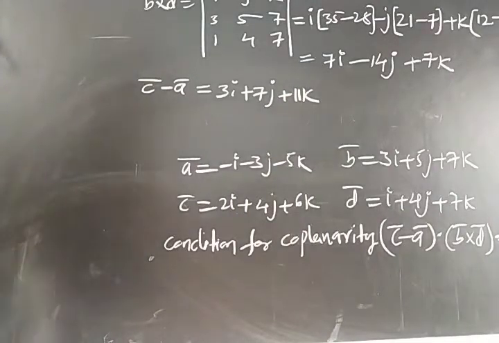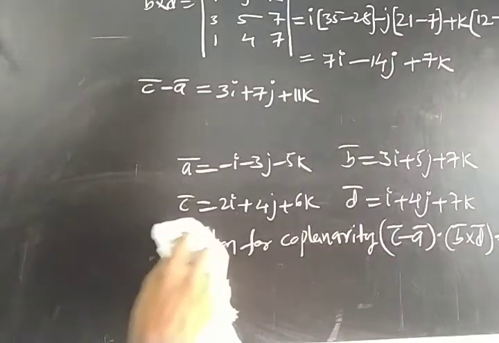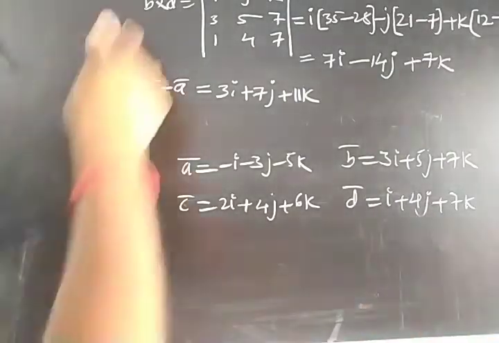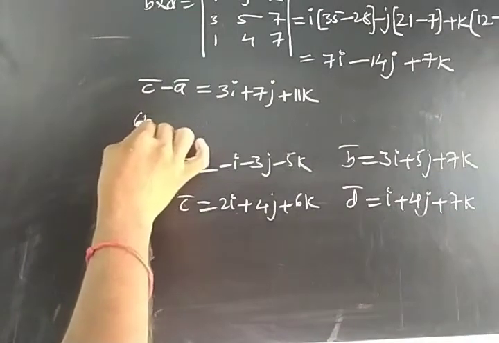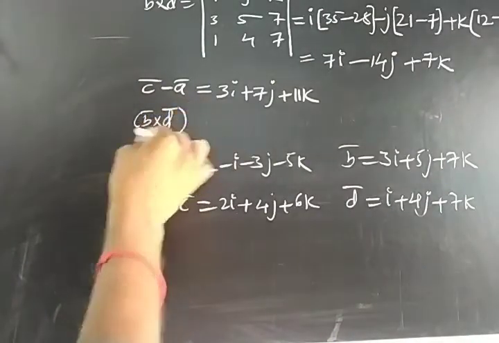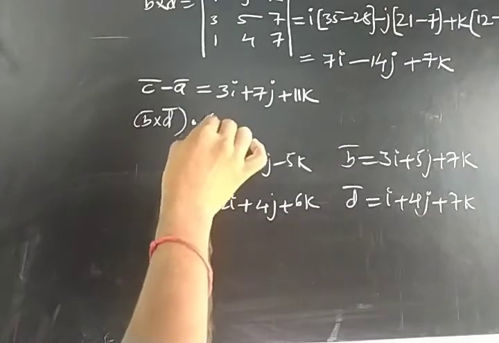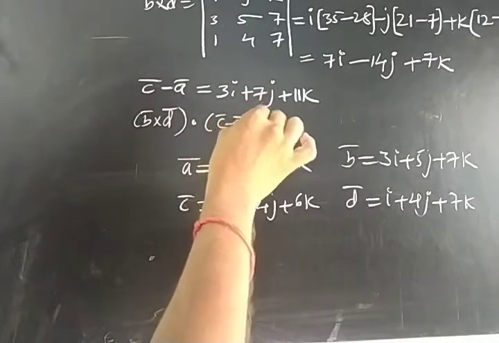Now I am going to find the dot product of these two vectors, b bar cross d bar dot c bar minus a bar.